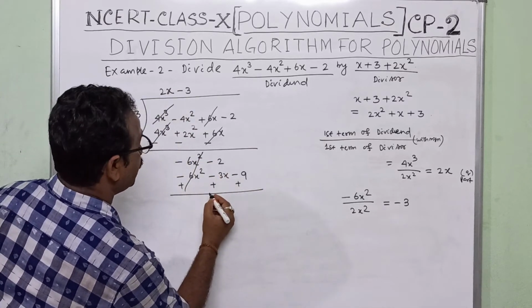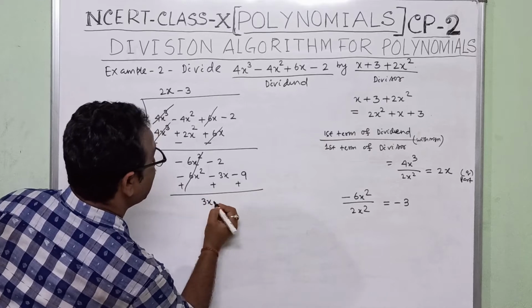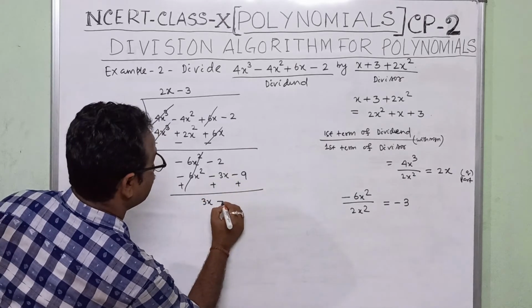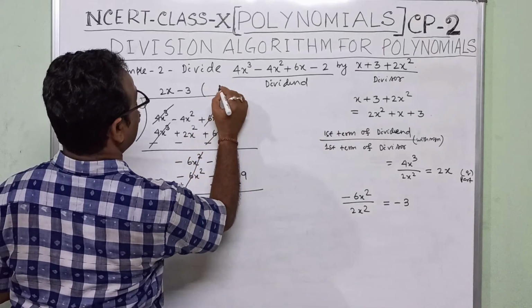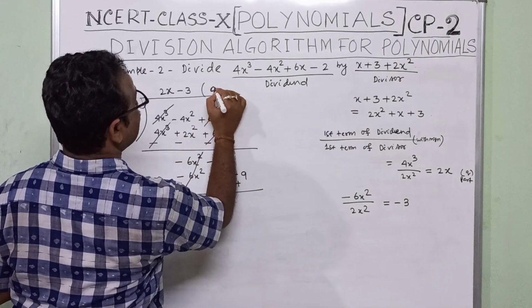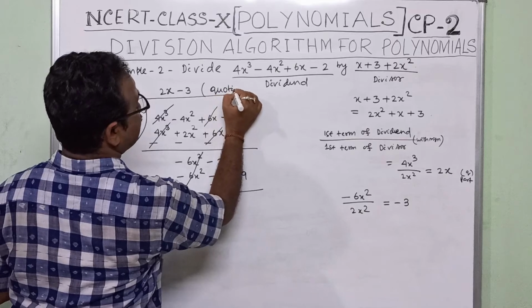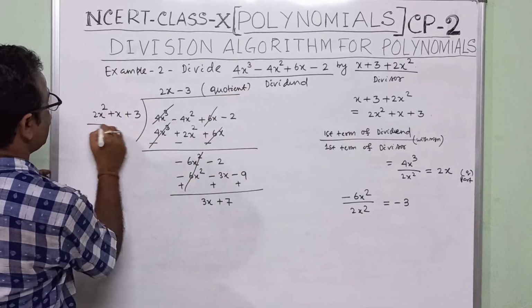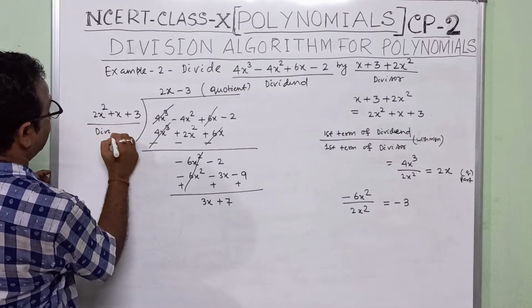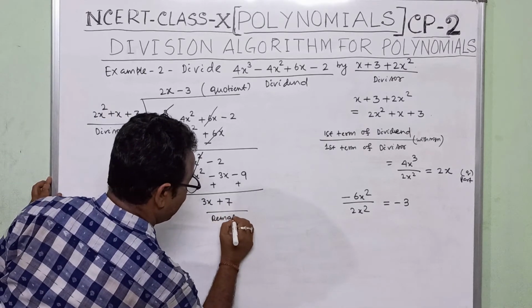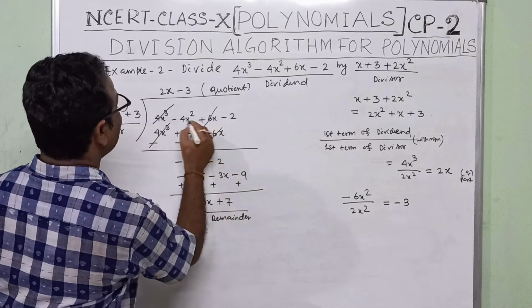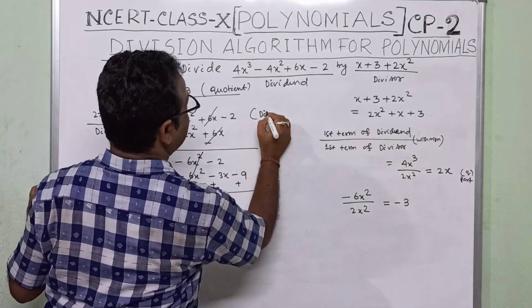That is coming 3x, minus 2 plus 9, plus 7. So this is your quotient, this is your divisor, this is your remainder, and this is your dividend.